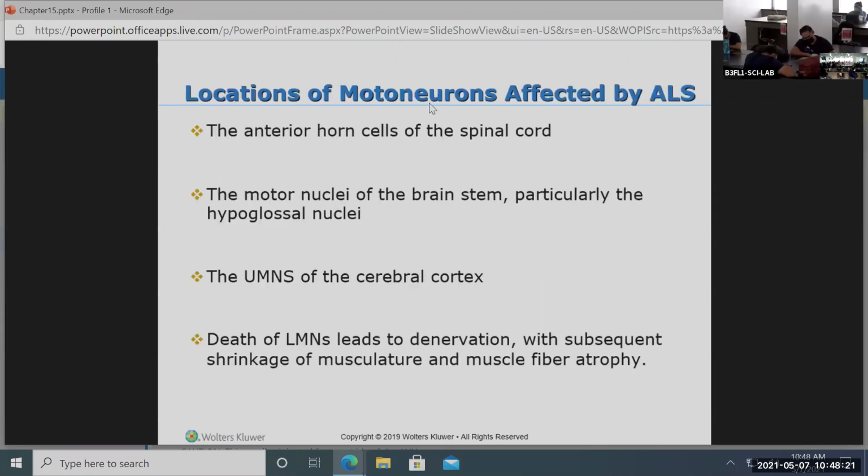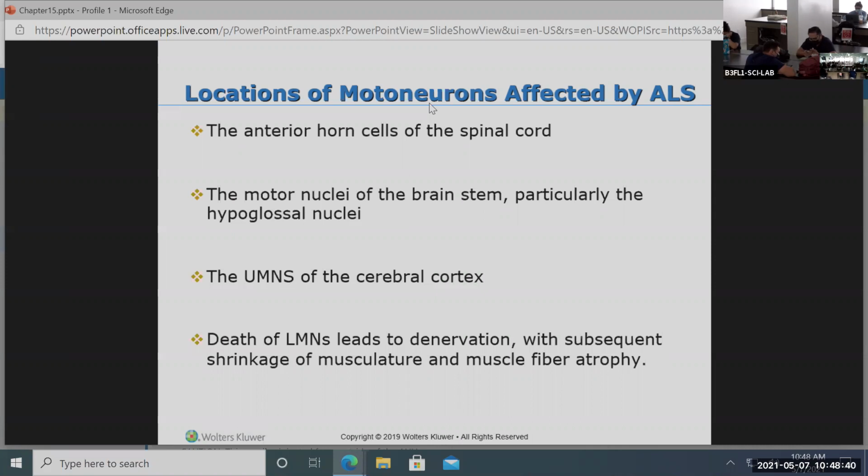Now the location of motor neurons affected by ALS: anterior horn cells of the spinal cord, and maybe the motor nuclei of the brainstem, particularly the hypoglossal nuclei.